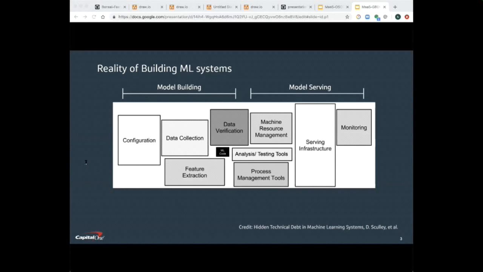So the majority of the time is being spent not in model development, but after you develop the model, putting it into production. And once you put it into production, how to monitor, how to refit, how to keep on enhancing and learning from it. That's where the majority of the time is being spent.